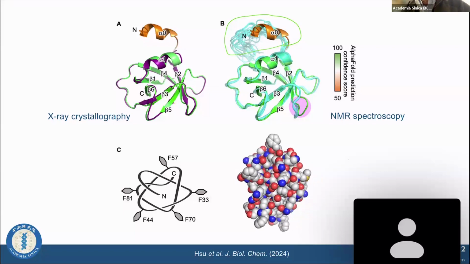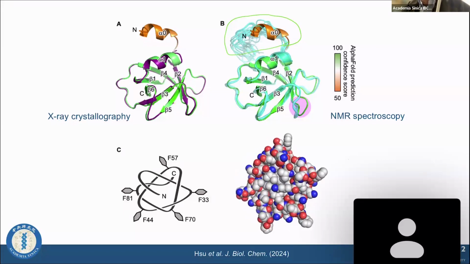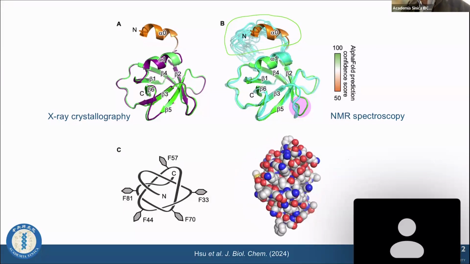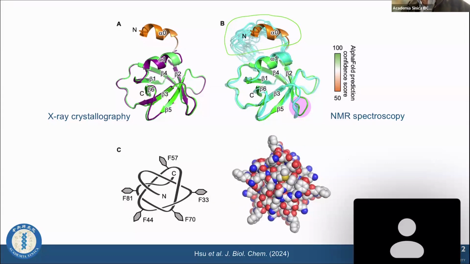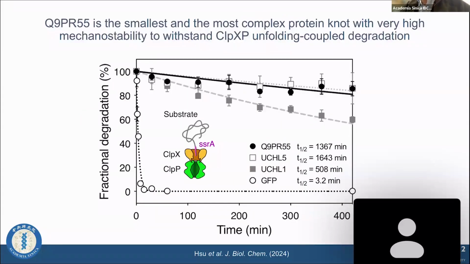But you will see this 7-1 protein knot is very compact, so there's not a lot of space for it to move around. We used the same mechanical unfolding analysis, and this 7-1 protein knot has comparable mechanostability to that of UCHL5, which was the record holder that we discovered some years ago.